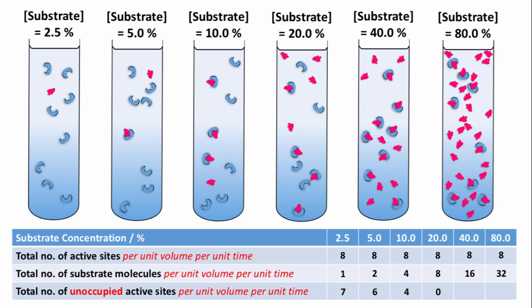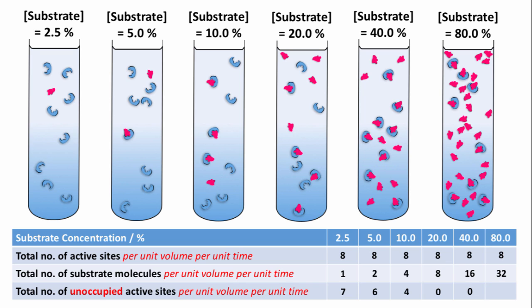And the interesting one occurs at 20%. There are just as many substrate molecules as there are active sites. All active sites will be saturated with substrate molecules. They will all be bound to substrate molecules at the first instance. At 40%, there is an even greater number of substrate molecules, so it is almost guaranteed that all active sites would be bound with substrate.